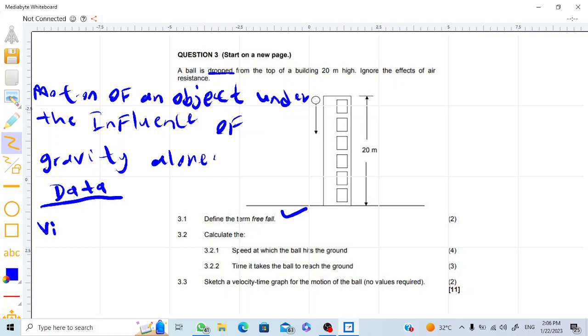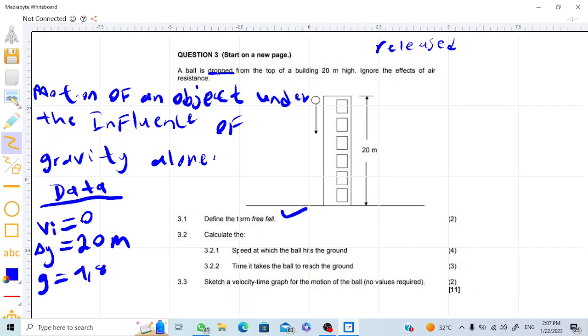When you see the word dropped or the word released, they mean V initial is equal to 0 meters per second. Now you also have delta y, which is your height, as 20 meters. You also have your gravity, which is 9.8 meters.